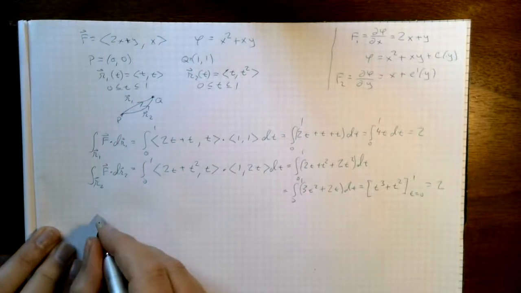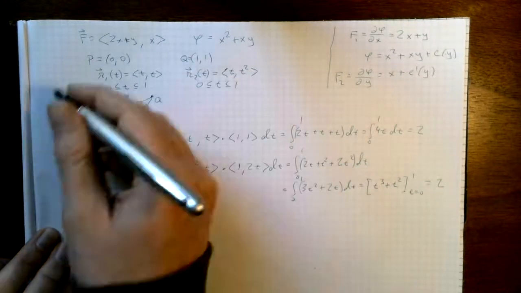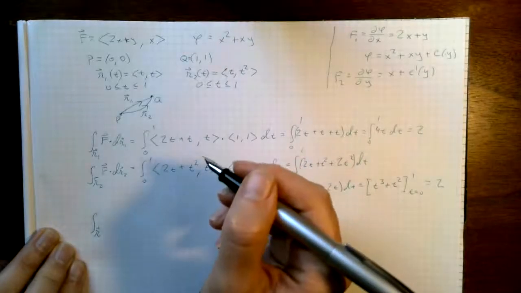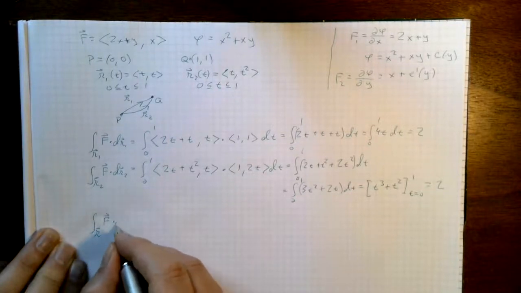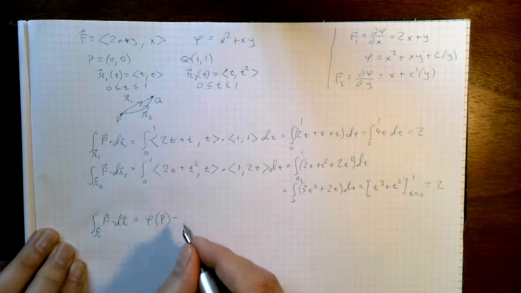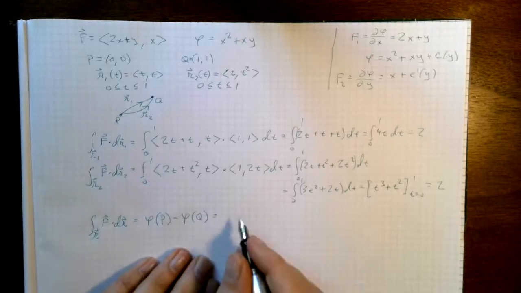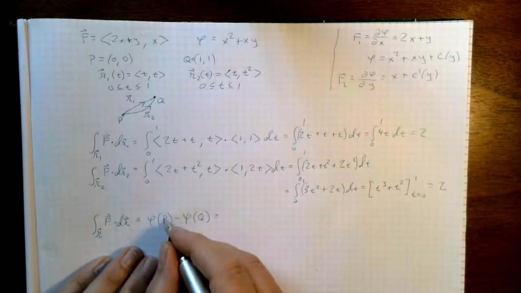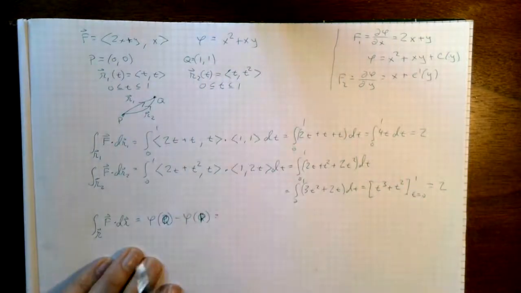Well, now let's try applying the theorem. I have a phi, and it doesn't really matter which r, any r that goes from p to q. The integral of F dr is phi at q minus phi at p, since it went from p to q, so q is the endpoint.